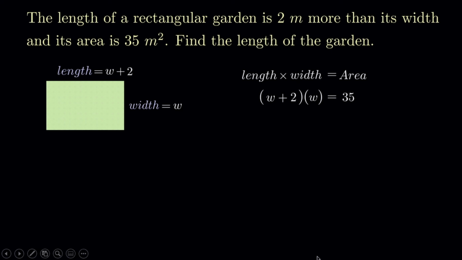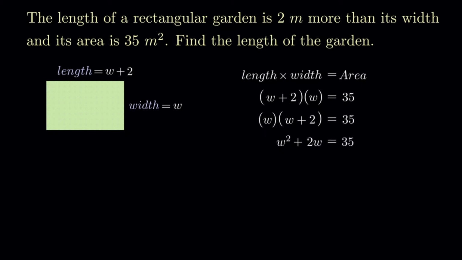Now we solve. Now, para mas madaling masimplify yung left side, so pwede natin i-apply yung commutative property for multiplication. So pagbabalik na rin natin, we have W times W plus 2 equals 35. Okay? So we now multiply W times W, that is W squared, plus W times 2 is 2W equals 35.